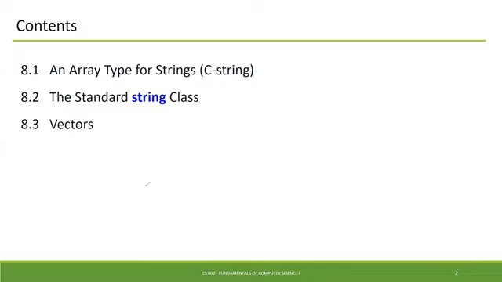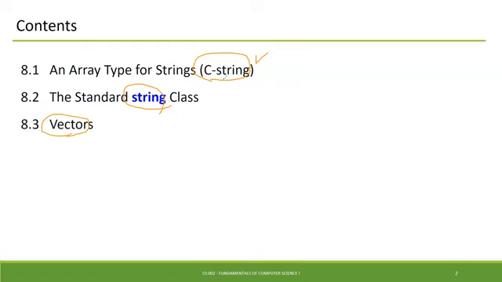And for the project, do not use a vector, even if you know vectors, because at this time the purpose of the project is to practice arrays. So I'm going to talk about C string and just string, and vectors. There are 3 topics in this chapter, and today I think I can finish C string.